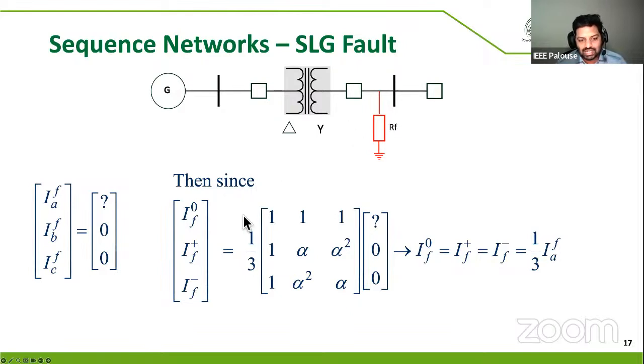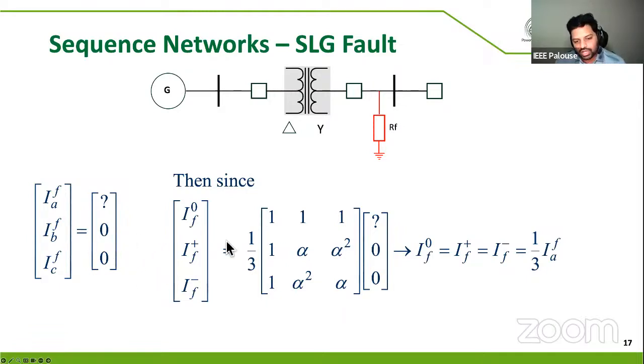If we consider only the fault currents, and we ignore the load currents in this particular condition, suppose you have a phase to ground fault, then we only have a phase A fault current, and you will never have any B or C phase fault currents.